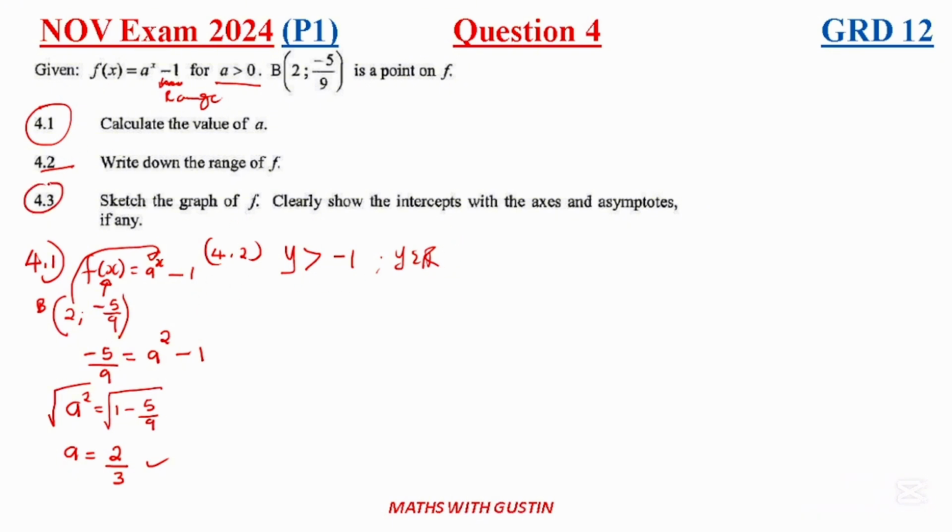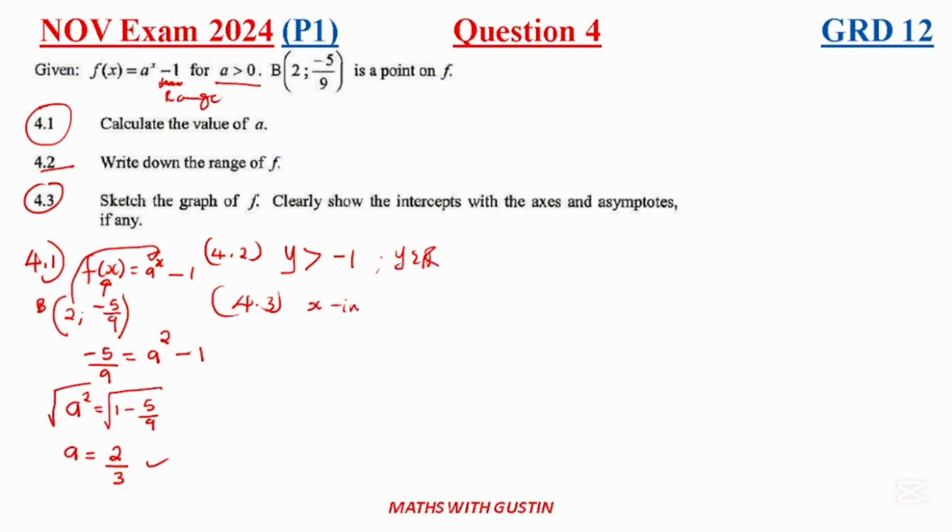Okay, now let's go to 4.3. It says sketch the graph of f, clearly showing intercepts, axes, and asymptotes, if any. So on this one, guys, what do we have? We need to check if we have the x-intercept and the y-intercept. So let's start.